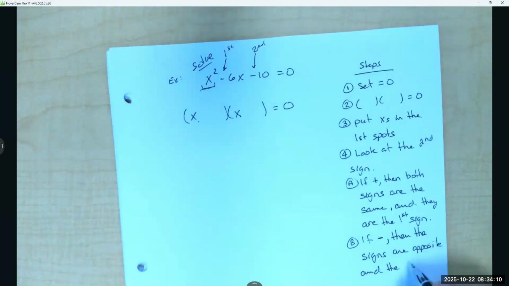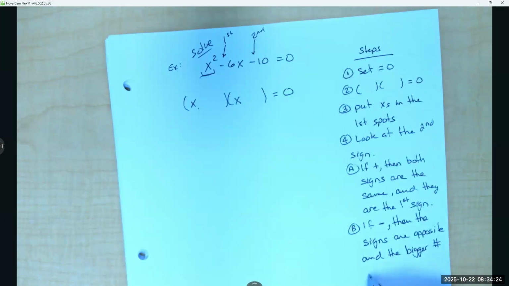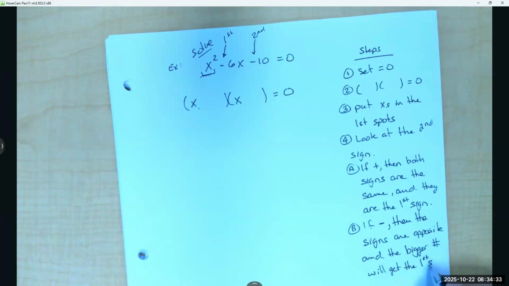And the bigger number will get the first sign.